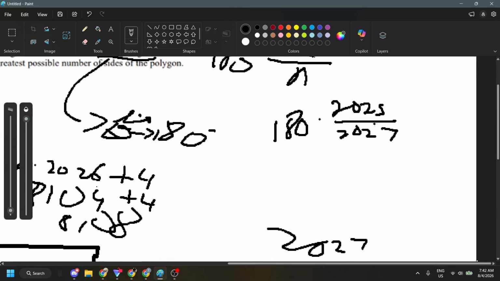Is 2027 factorable? 3000 is divisible by 3, but 1000 isn't, so this is not factorable by 3.